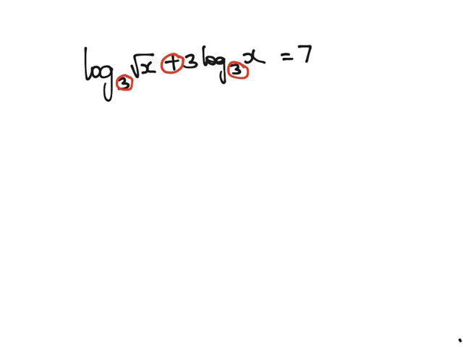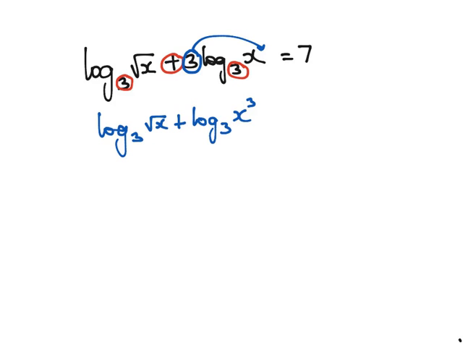As I mentioned earlier, the coefficient of log has to be 1. So let me take the 3 to the power of x. So I shall get log of root x to the base 3 plus log of x cubed to the base 3 equal to 7.